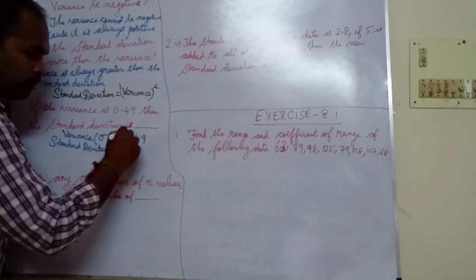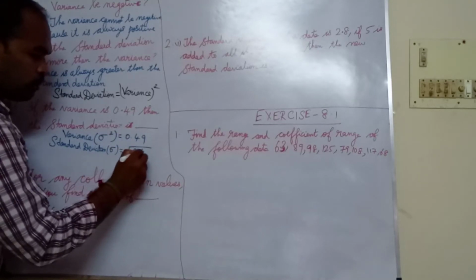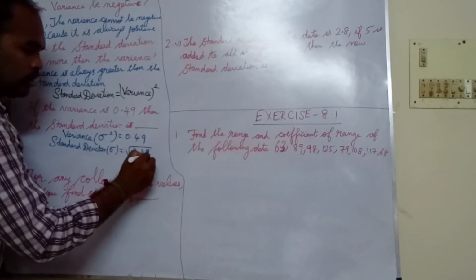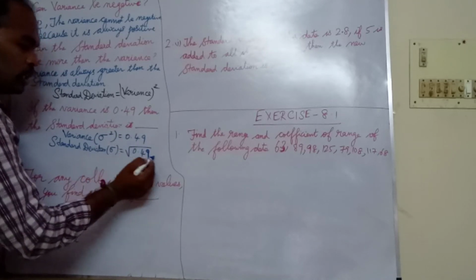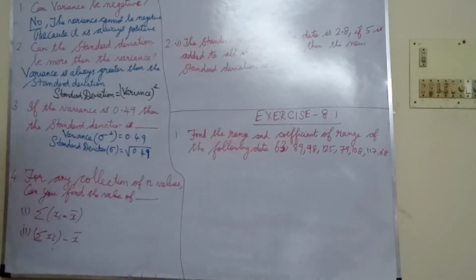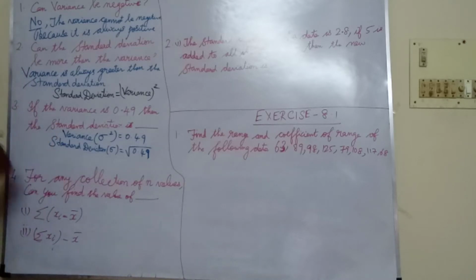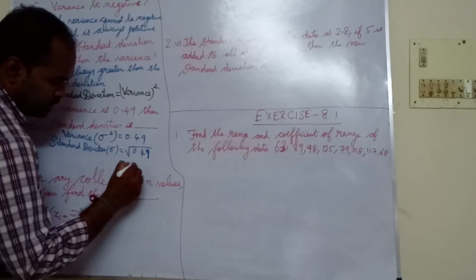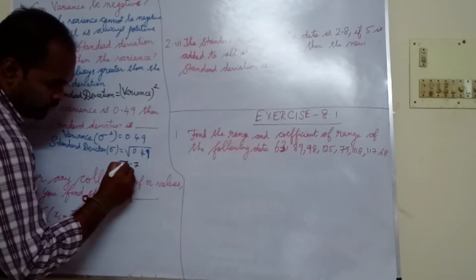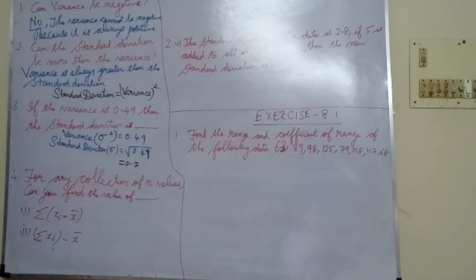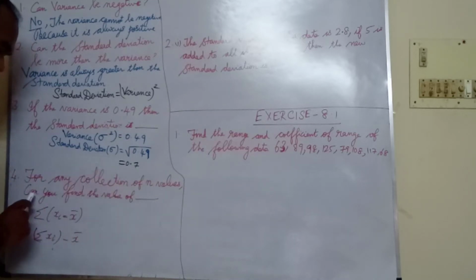So the square root of 0.49. What squares to give 49? 7 squared. So the standard deviation value is 7, and here the point is there, so 0.7. So the standard deviation is equal to 0.7.